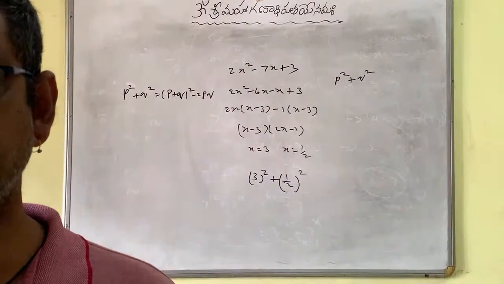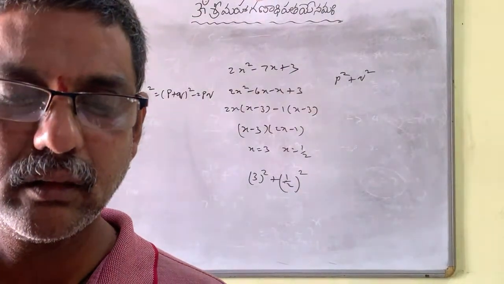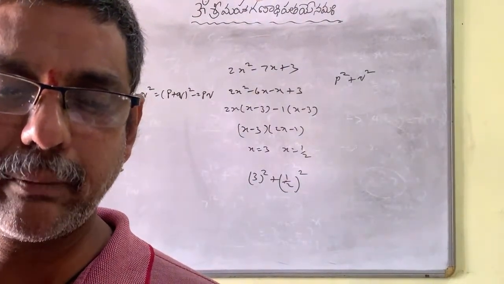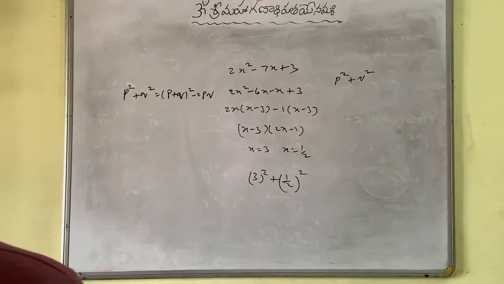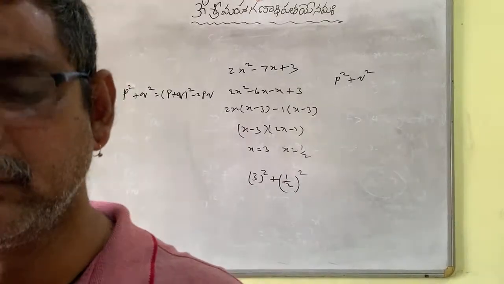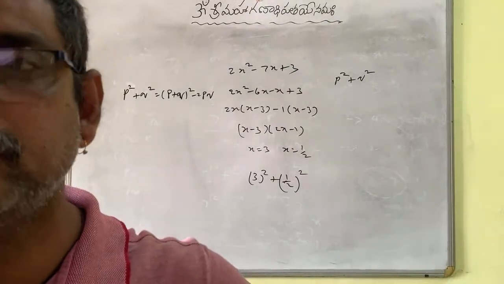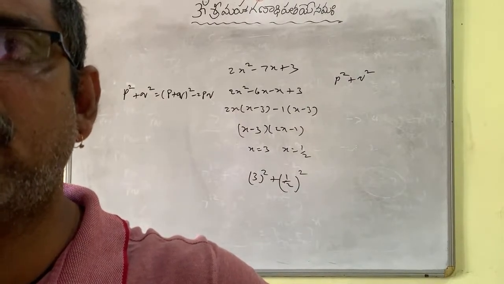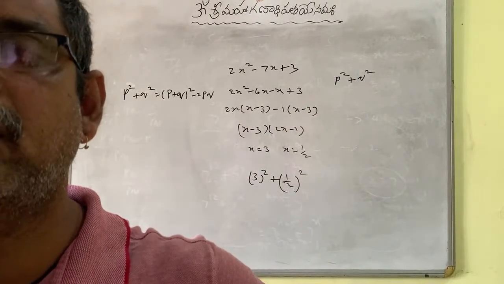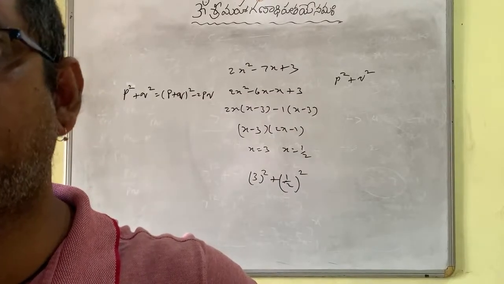First one, P square minus P square is 0, remains P. You need to observe whether P is a zero of one of those equations or not.